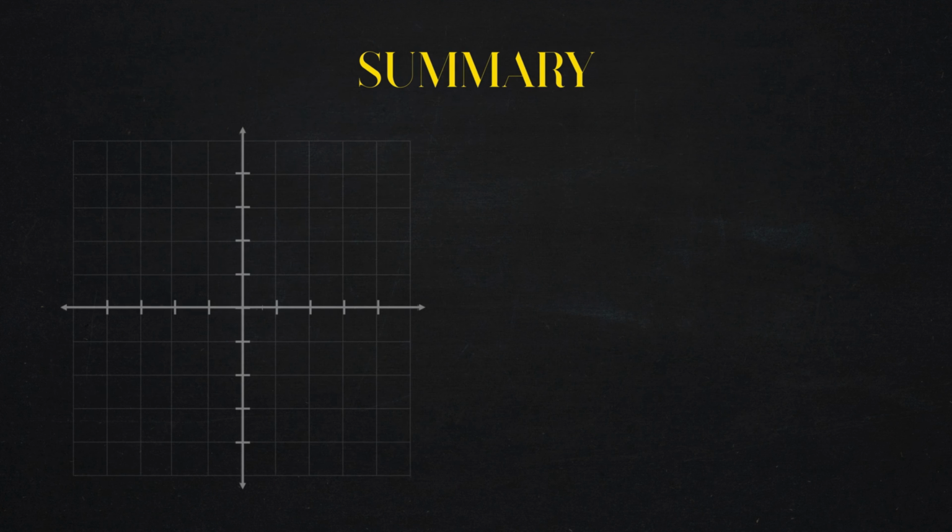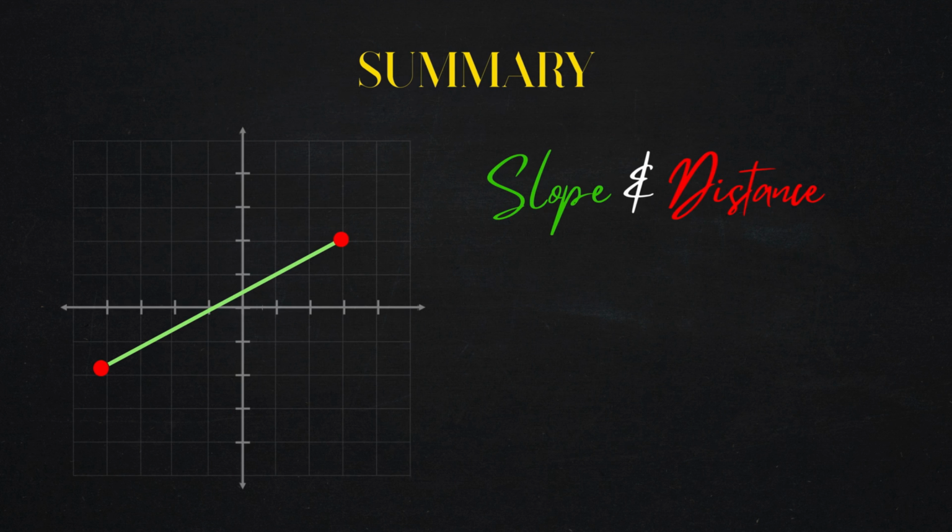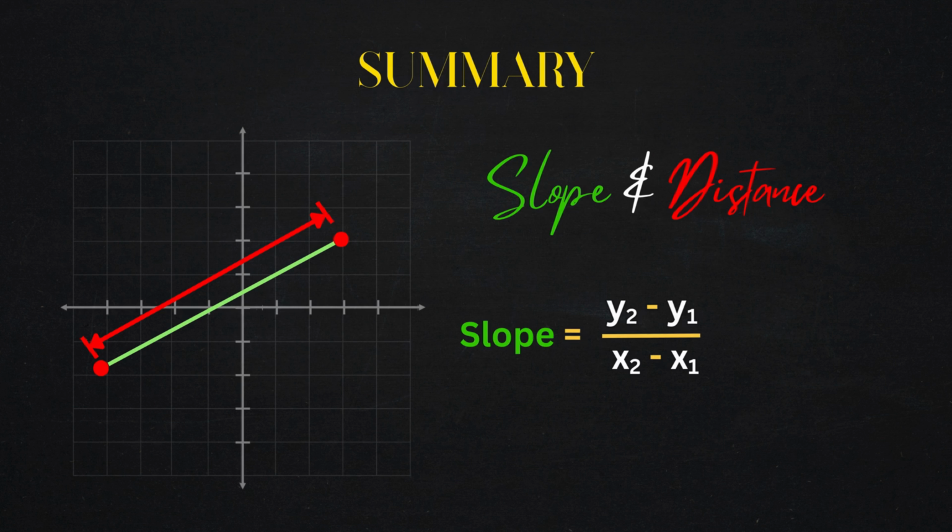In this video, we have learned how to find the slope and distance between any 2 points on a coordinate plane. The slope tells us how steep a line is, while the distance gives us the length between the 2 points. The formula for slope is m equals y2 minus y1 divided by x2 minus x1.